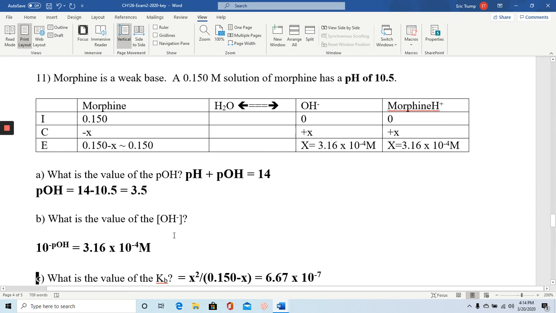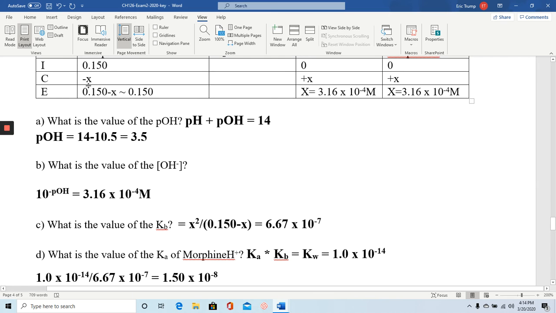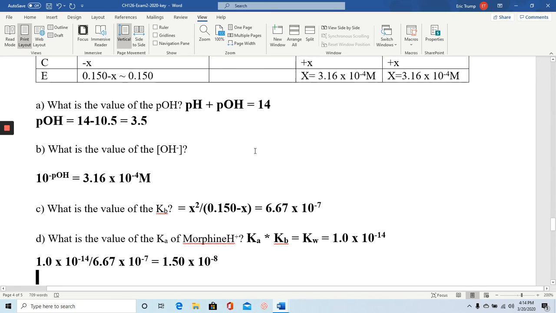Now to find the OH concentration, we would take 10 to the minus pOH power. So that's 10 to the minus 3.5 power, which is 3.16 times 10 to the minus 4. And that actually is our X. And it turns out that X here is actually much less than 0.150.